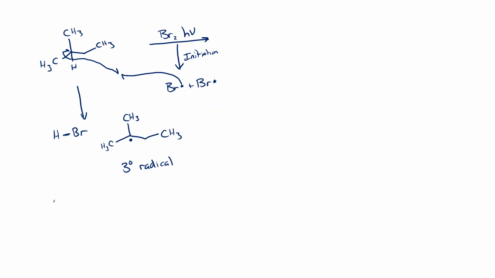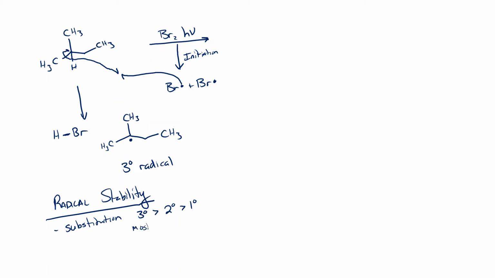So we can use the same ideas here. Radical stability goes with substitution. Tertiary radicals are more stable than secondary radicals, which are more stable than primary radicals. Most stable to least stable.